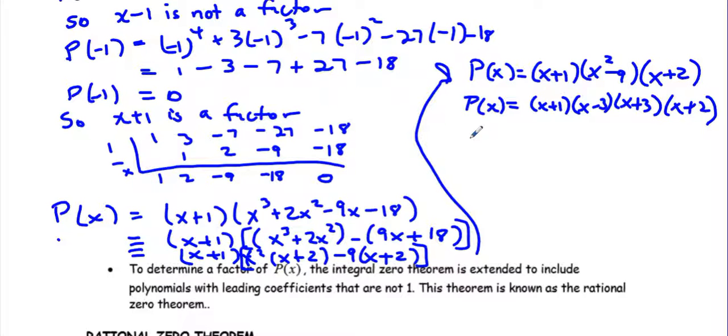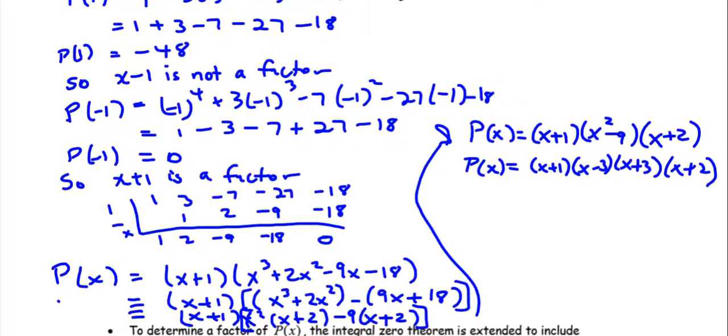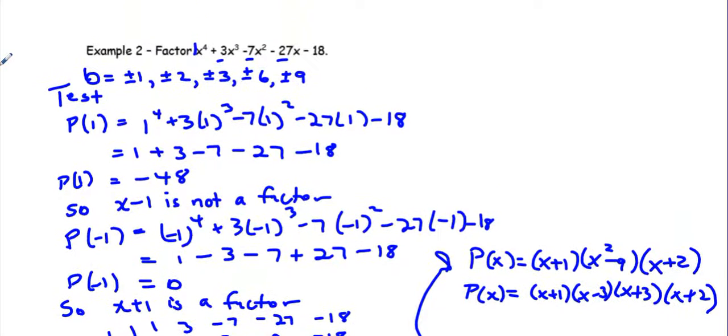Okay, so this is quite tedious to test, and you're going to use your common sense here. Sometimes, for instance, if you had all even exponents and all positive signs, you know that if you put in a positive number, you're never going to get 0.